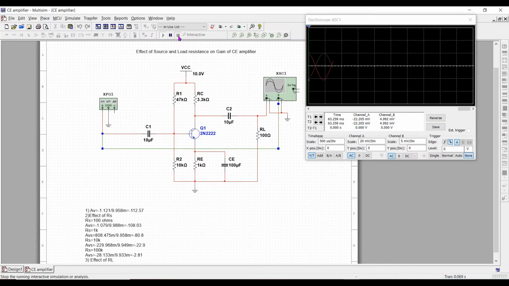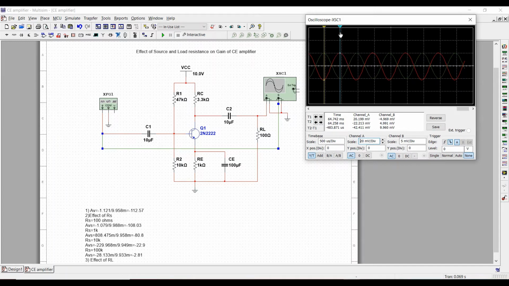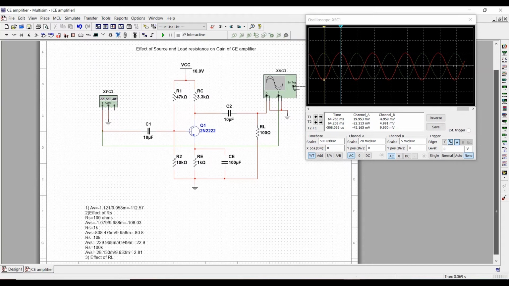So, adjust it. Now we need to observe the waveforms. Observation will be done in a similar manner. Positive peak and negative peak. Cursors to positive and negative peak because it gives the peak to peak value.